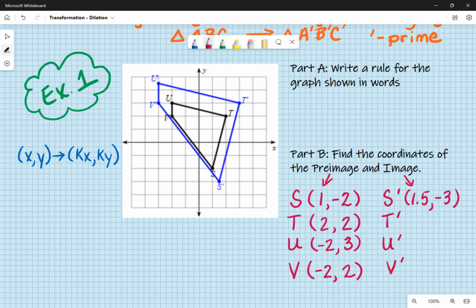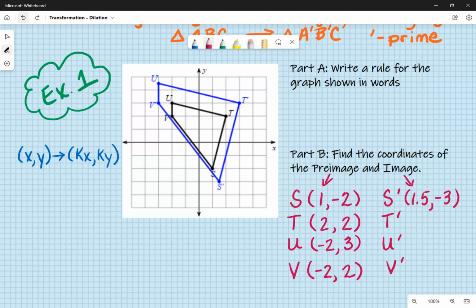Now, if I wanted to know what my scale factor was, and that's what the k is represented by, based off of what I just did when I was counting, I could ask: what happened for me to go from 1 to 1.5? Both of those represented the S point, but one was the original S and the other one is where I dilated to S prime.